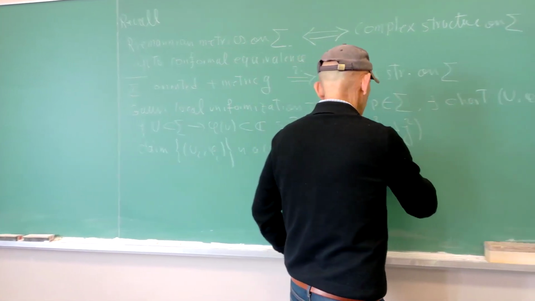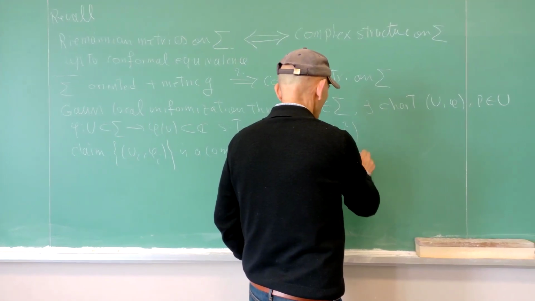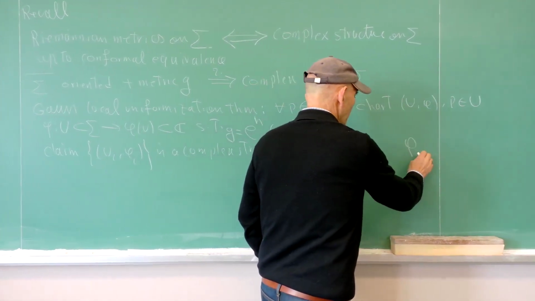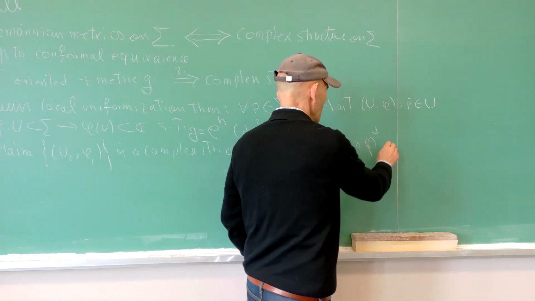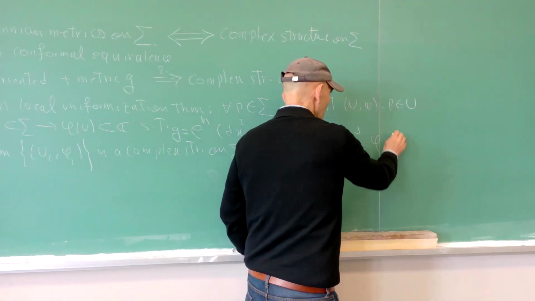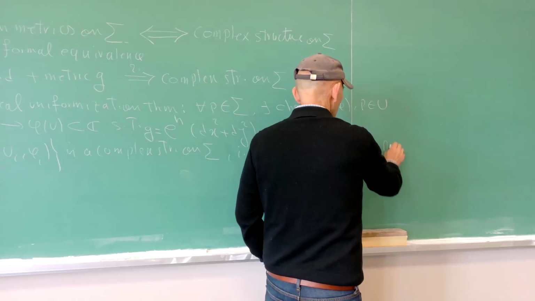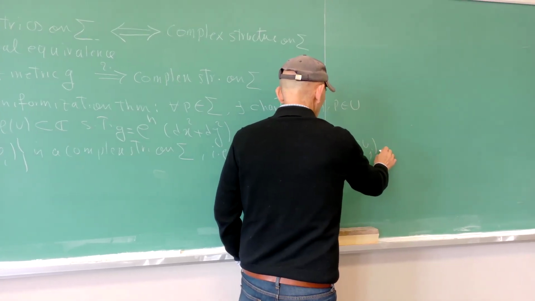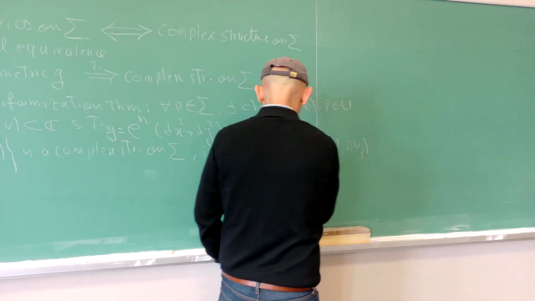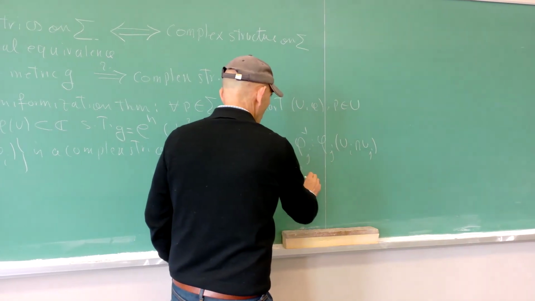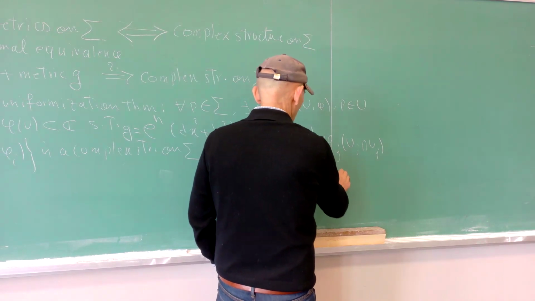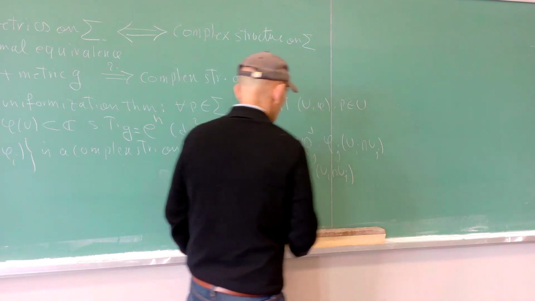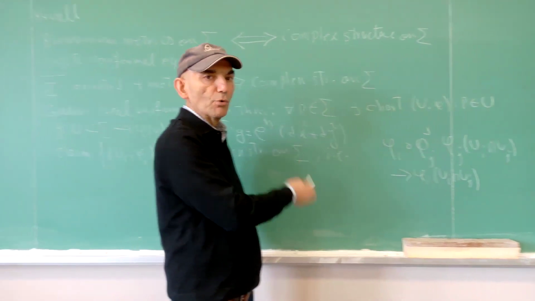That is, phi_j inverse composed with phi_i, from phi_i of U_i intersection U_j to phi_j of U_i intersection U_j, are holomorphic.